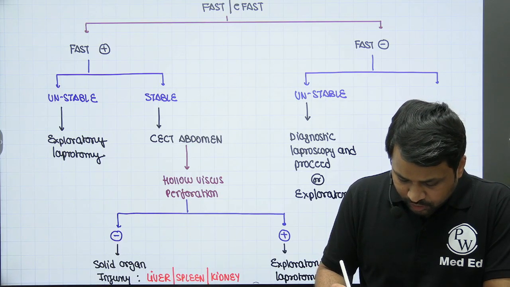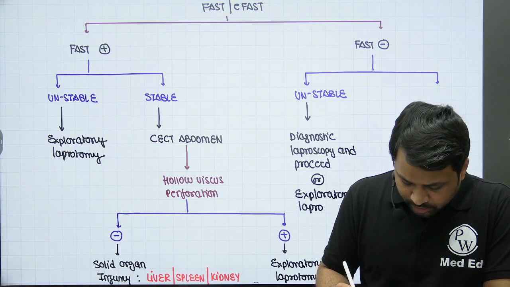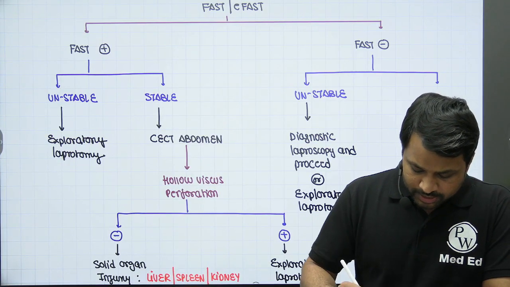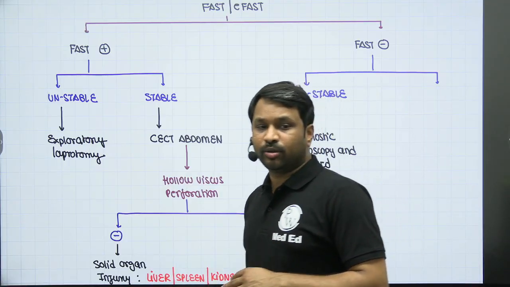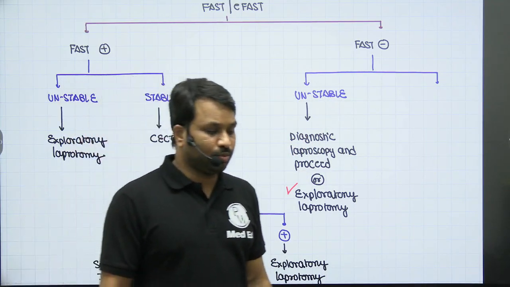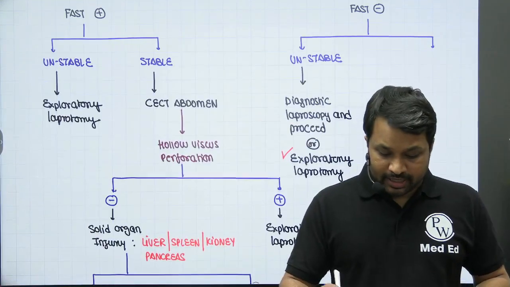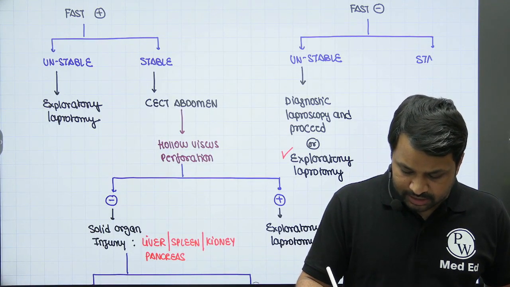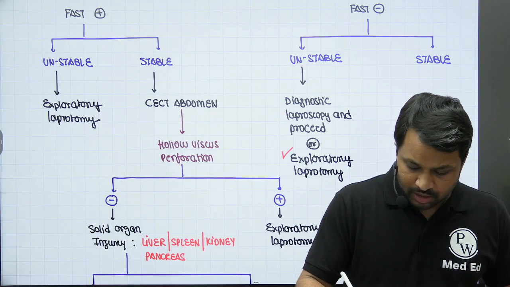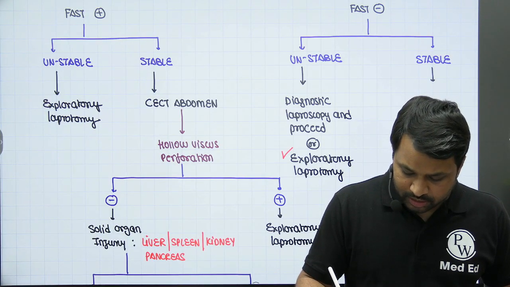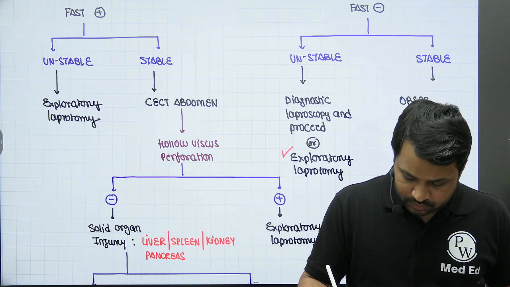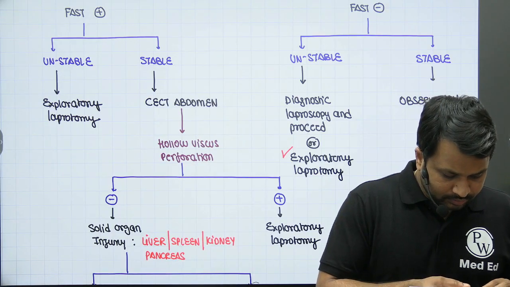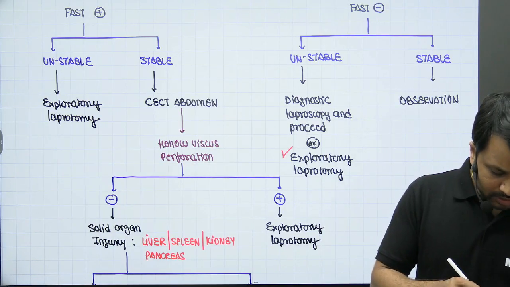Now, if you look at the options in these two, the better option would be exploratory laparotomy over a diagnostic laparoscopy, right? On the other hand, if the FAST is negative and the patient is hemodynamically stable, here it is only observation.